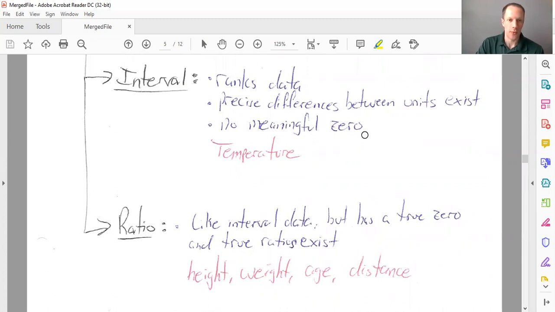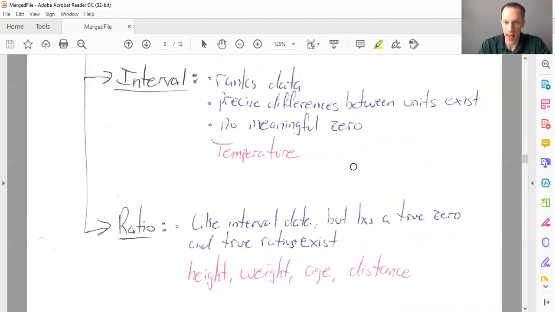An example of interval data would be temperature. Okay, temperature, if you know the way the temperature scale works, first of all, let me say that temperature is measuring how much heat is present. Now, if you know the way the temperature scale works, when it's 0 degrees Fahrenheit outside, that doesn't mean that there is no heat at all outside.